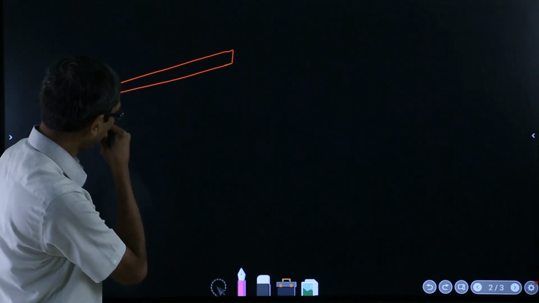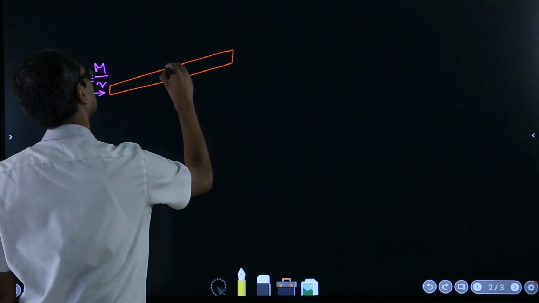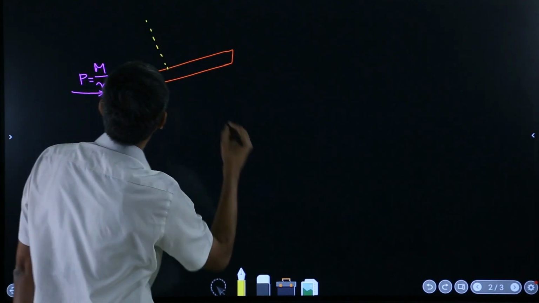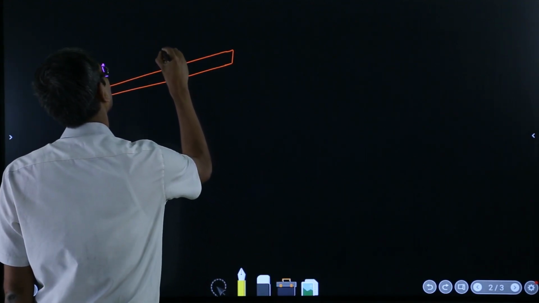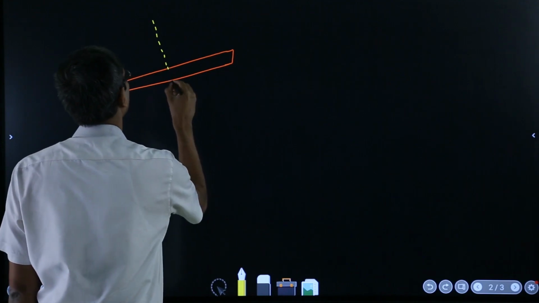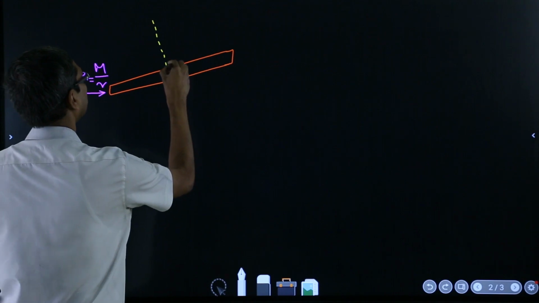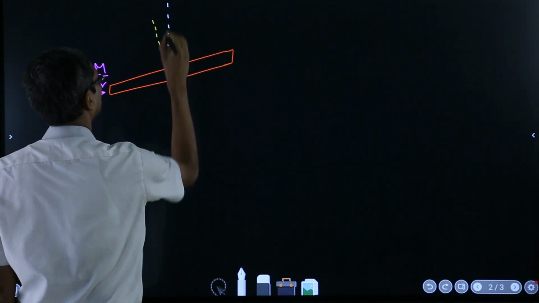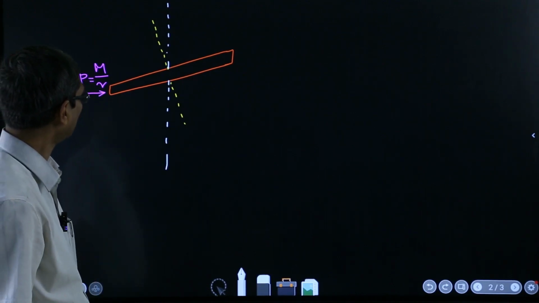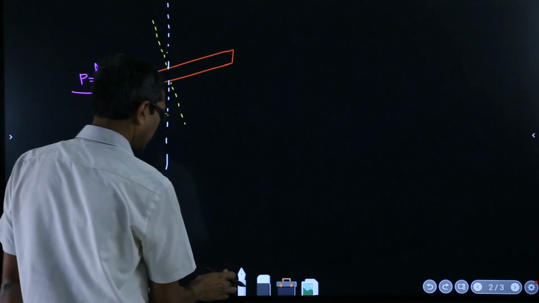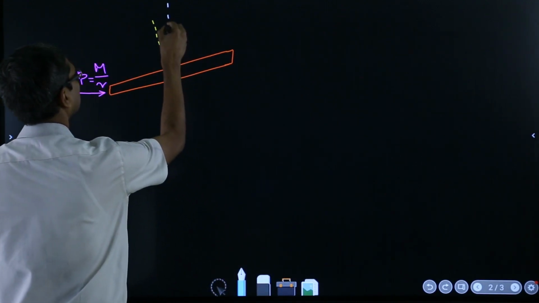Now here we can see that this is perpendicular to the surface, sorry, so this is perpendicular to the surface, and this is the vertical, that is through the axis of the screw thread. Okay. And now the weight is actually acting this way.